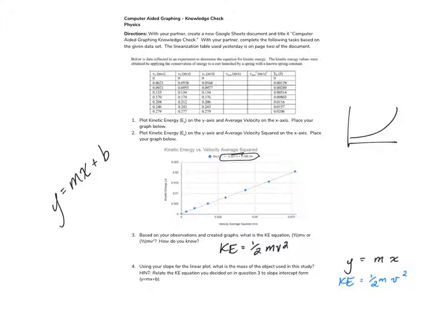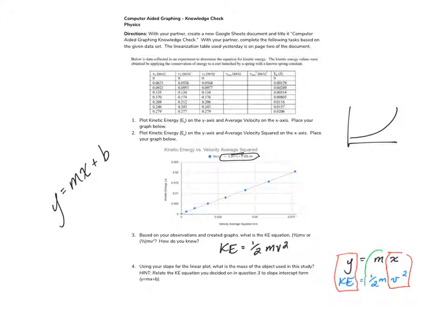The questions that you need to ask yourself are: in my graph, what were my y values? My y values were kinetic energy. So you should see here that these two are aligned. What were my x values? My x values were velocity squared. So here we go, these are aligned. Now what is left over? What is our slope actually equal to?